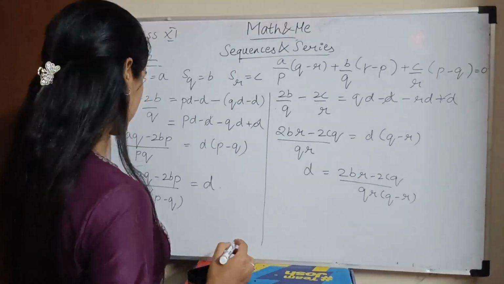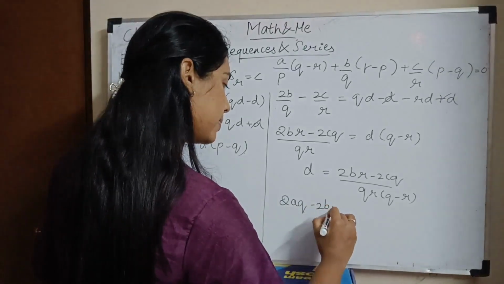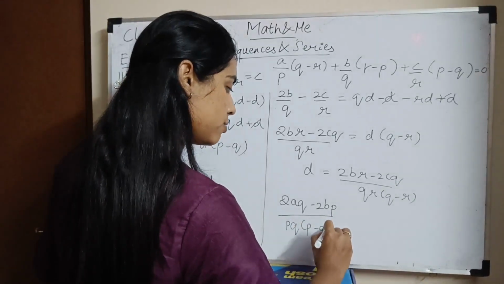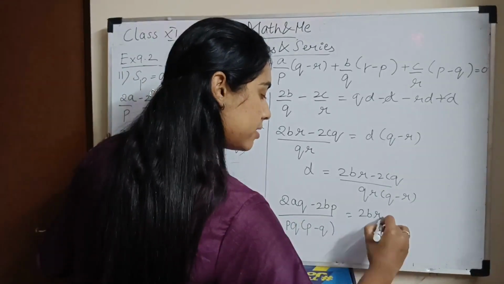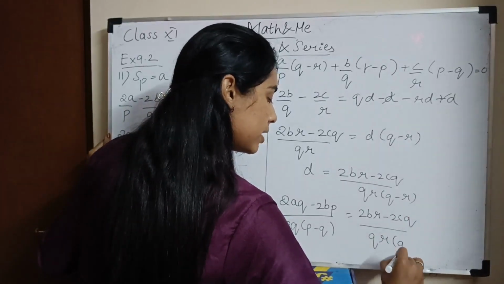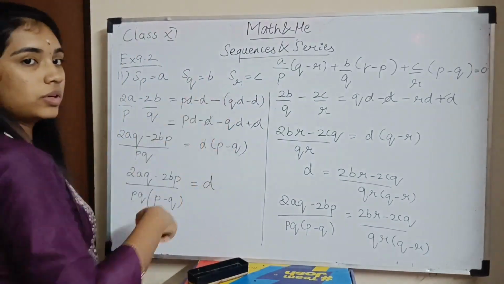So I'm going to equate both. So what do I have? (2AQ minus 2BP) divided by PQ times (P minus Q) equals (2BR minus 2CQ) divided by QR times (Q minus R). Okay. Let me erase this part of the board. Please write it down.